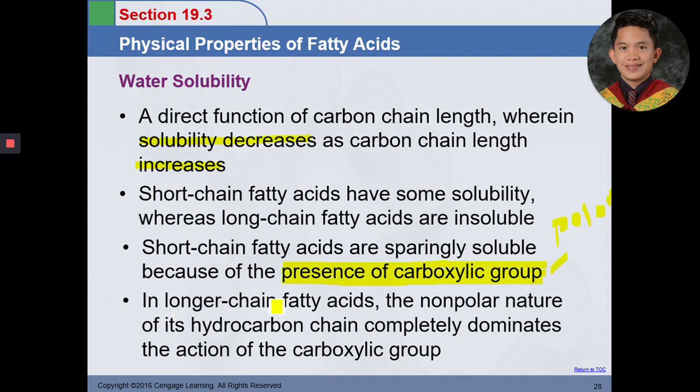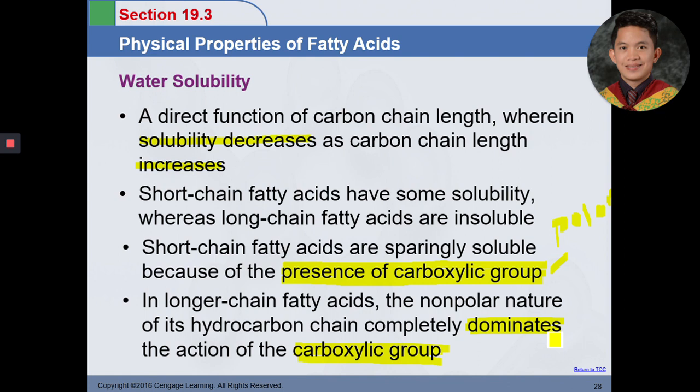Now, in the case of long chain fatty acids, although naa gihapon siya carboxyl group or carboxyl end, its long non-polar component would completely dominate the action of the polar carboxyl end. Okay, so remember that one.